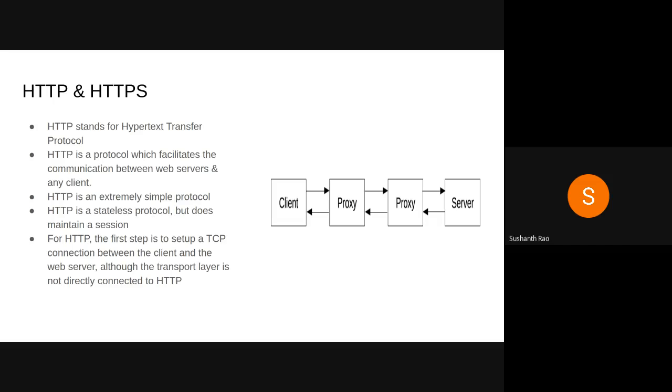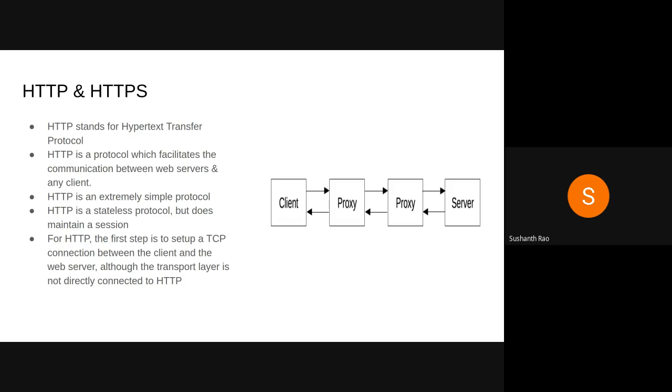So HTTP is a very simple protocol that is used for setting up a connection between your web server and your web client. There are four steps involved in this. The first is that a TCP connection is set up between the web client and the web server.